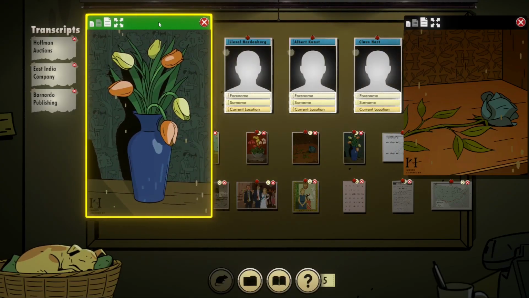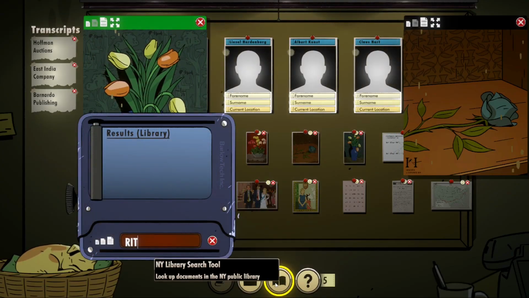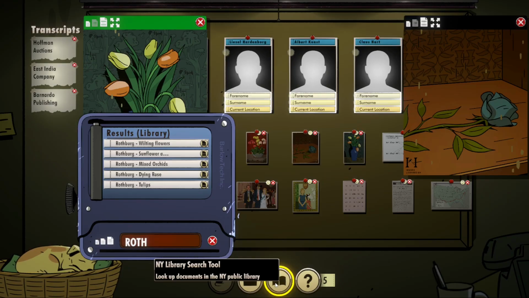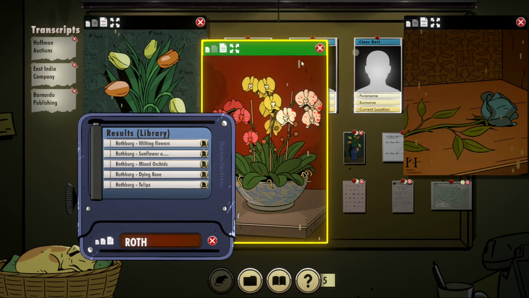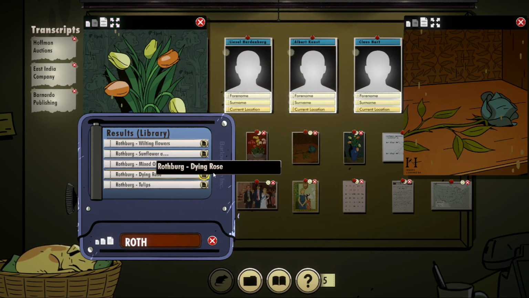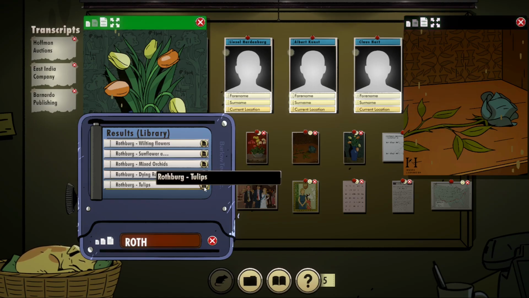But these two were stolen, okay. Dying Rose and Tulips.